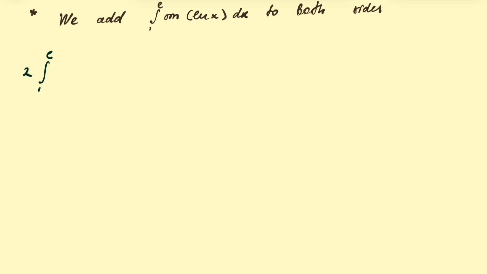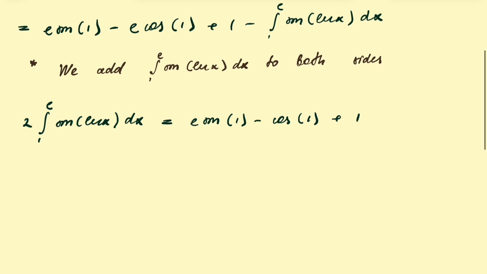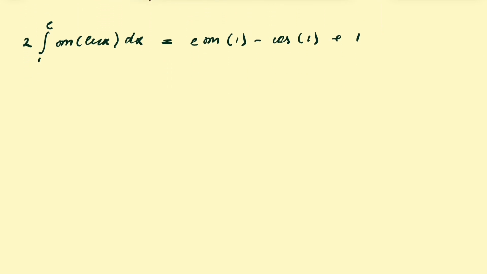We have the integral from 1 to e of sine of ln of x dx equal to e times sine of 1 minus e times cosine of 1, plus 1. Great. Now this can already be considered a final answer. Nevertheless, let's sum it up quickly and write it in a nice way.